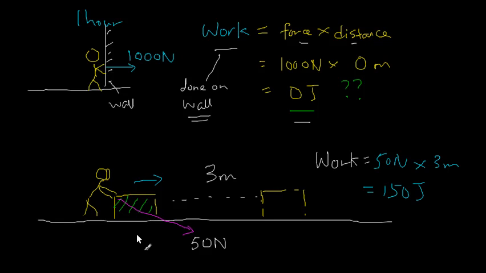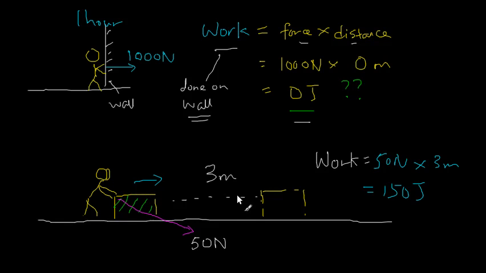Now there's another way to do this, which is instead of thinking of resolving the force into the two directions, one along the displacement and the other perpendicular to it, and then saying that the perpendicular component has no effect on the work, we can instead think of the displacement.